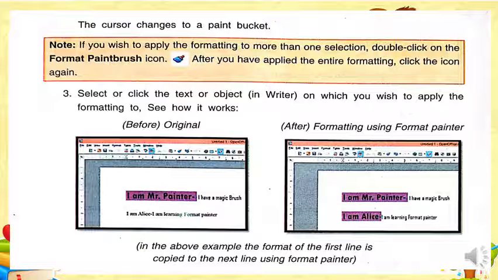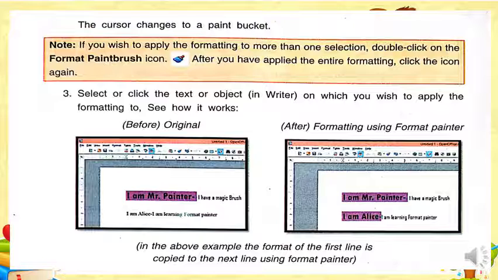Note, if you wish to apply the formatting to more than one selection, double click on the format paintbrush icon. After you have applied all the formatting, click on the icon again. Then third, select or click the text or object on which you wish to apply the formatting.